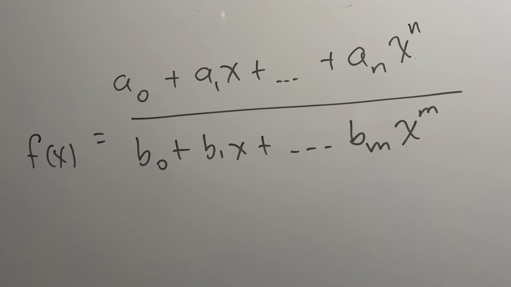Our final example of functions are rational functions that consist of the quotient or the fraction of two polynomials. In this case, one polynomial of degree m and one polynomial of degree n. For rational functions, we will be interested in similar properties: the vertical intercept, the horizontal intercept.